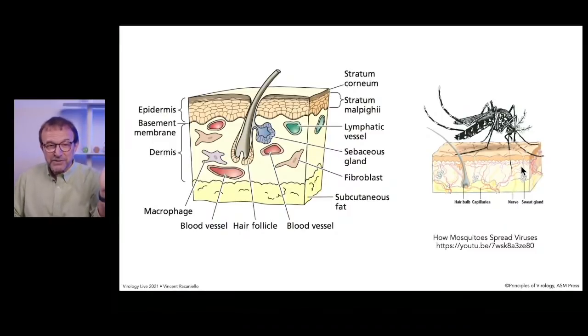And, of course, if the mosquito had been infected from a previous blood meal, that mosquito is putting viruses into you. The mosquito actually inserts its proboscis into a blood vessel. Amazing. And this video, go check this out.